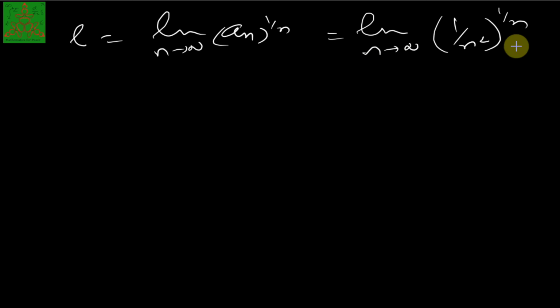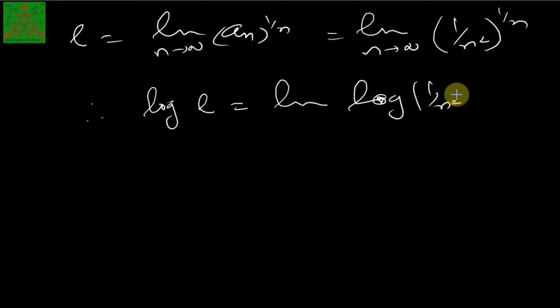Again you observe that this is 0 power 0, an indeterminate form, so to find the limit you have to apply the log. So log of L is equal to the limit of log of 1 by n square.